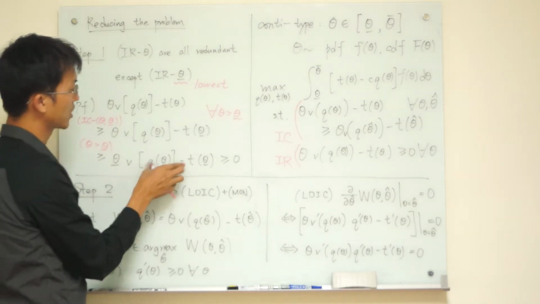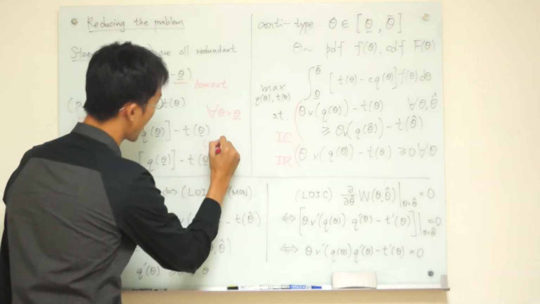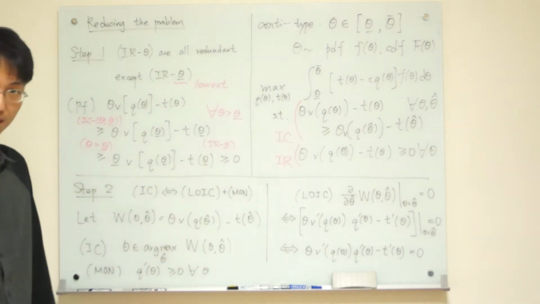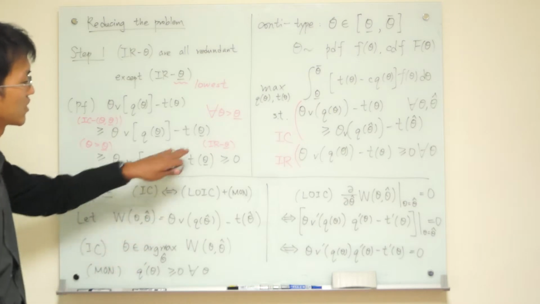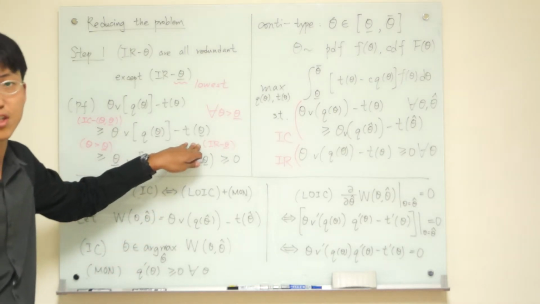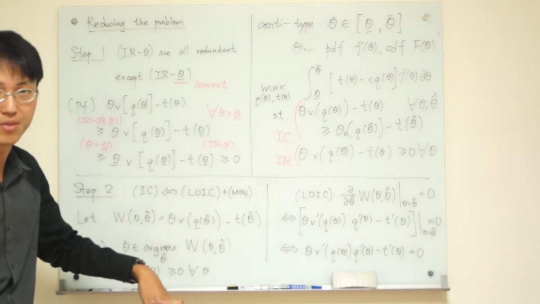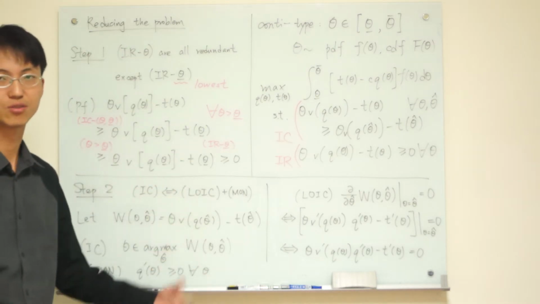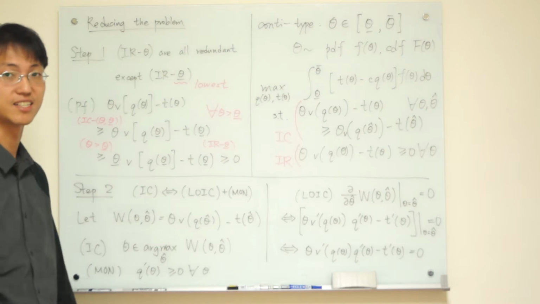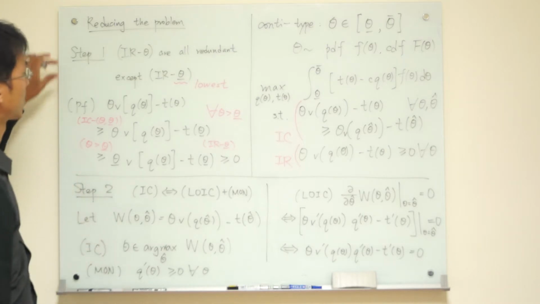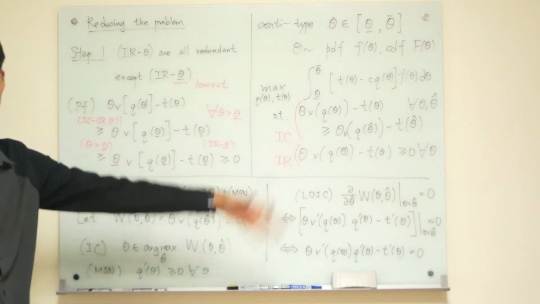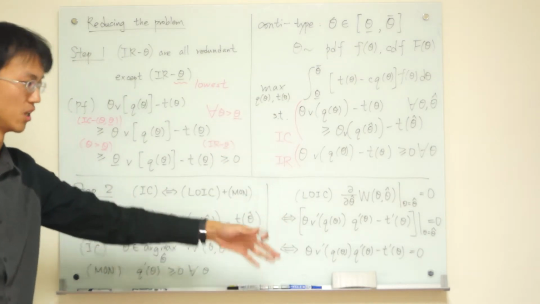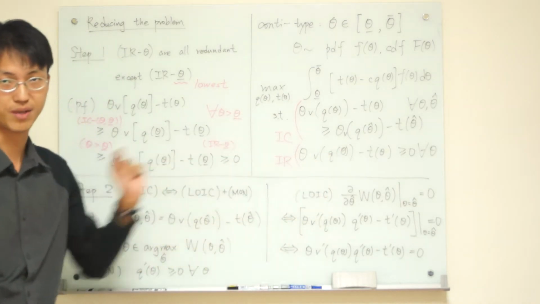And then finally, because you have the IR constraint for the lowest type, this is non-negative. So as long as you guarantee that the lowest type can earn something, then everyone will be happy as long as you satisfy all those IC constraints. Okay? So this is our first step. We can eliminate all those IR constraints with only the last one remaining there.